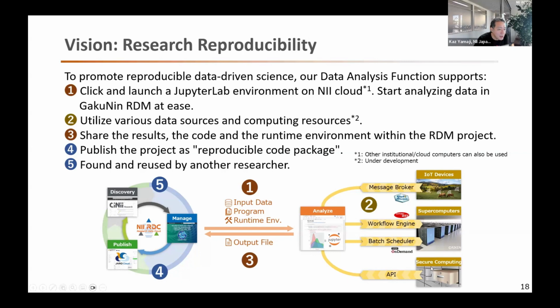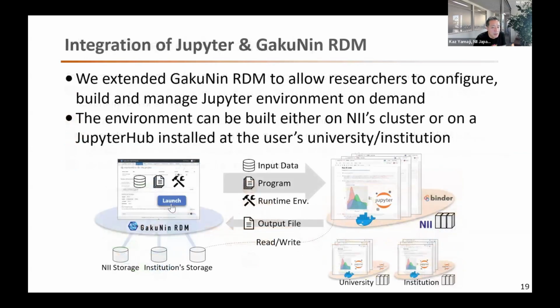And then the data and code go back and forth between the Jupyter environment and our Gakunin RDM, and then the research outcome is packed into our RDM platform so it can be managed in one platform.